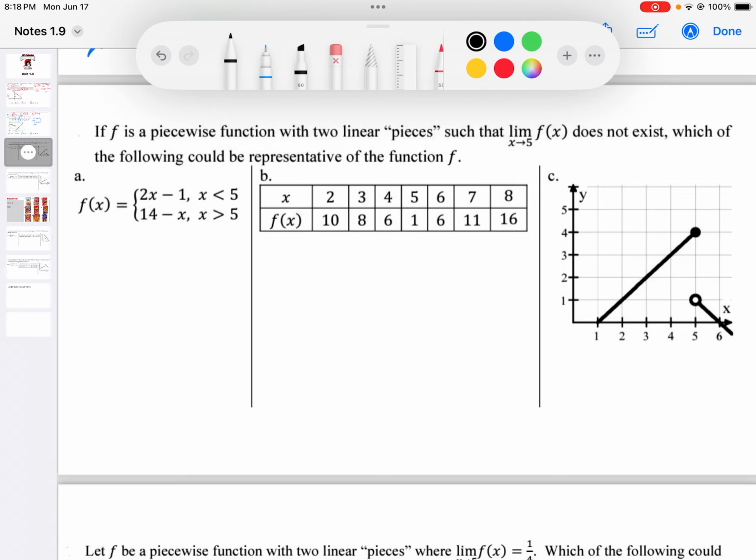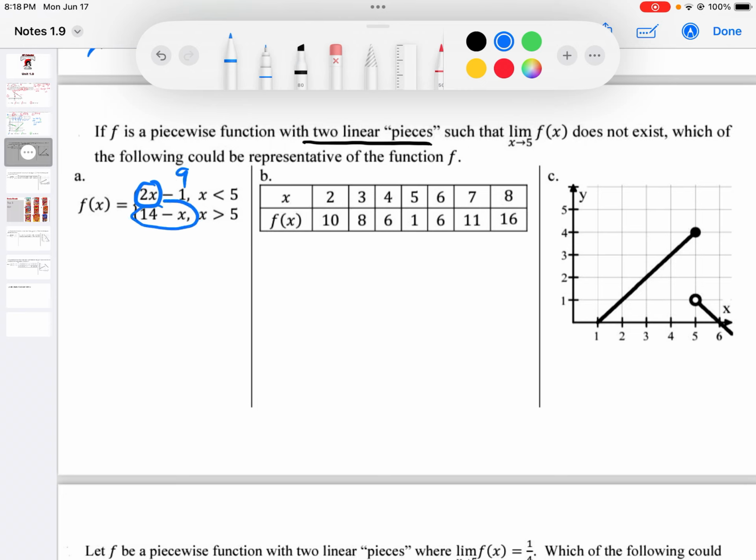Let's see. All right, if f is a piecewise function with 2 linear pieces such that the limit as x approaches 5 does not exist of f of x, which of the following could be representative of f? All right, so the limit has to not exist, so I'm going to do this one with less notation. I'm going to plug in 5 there.